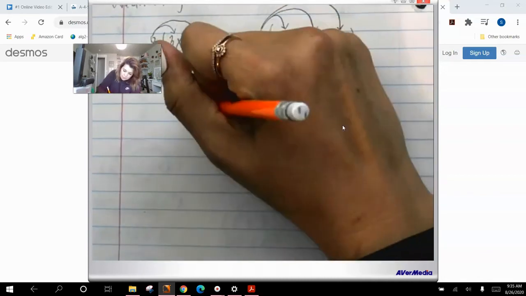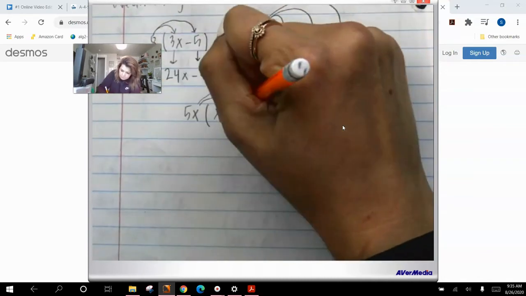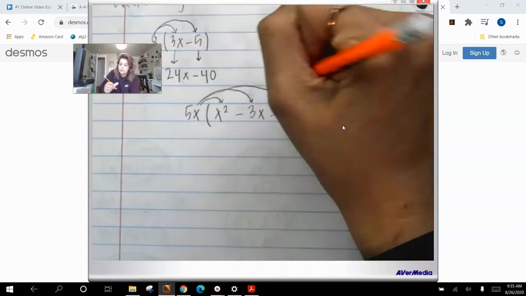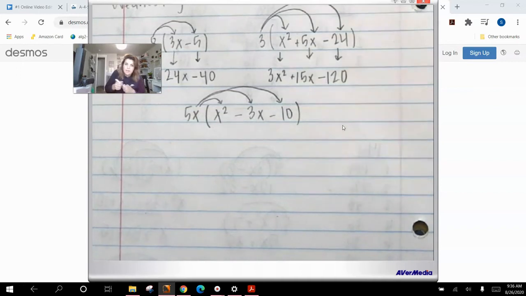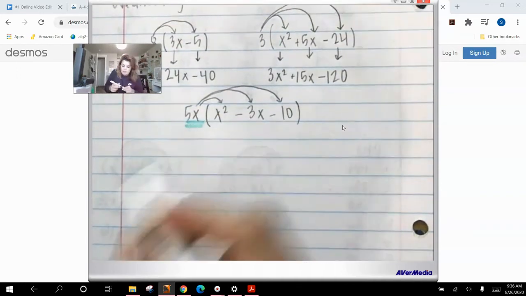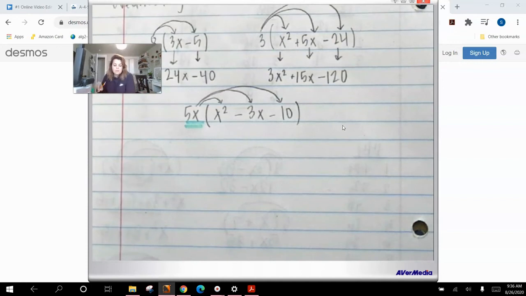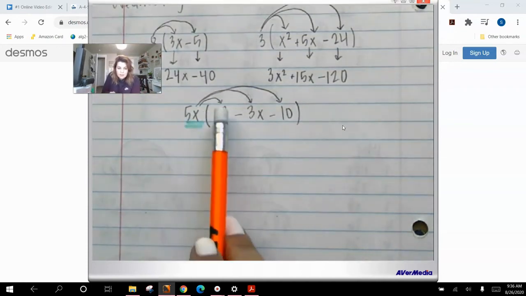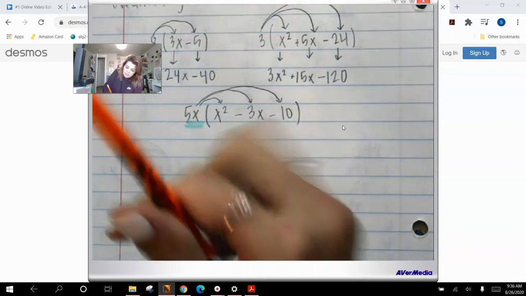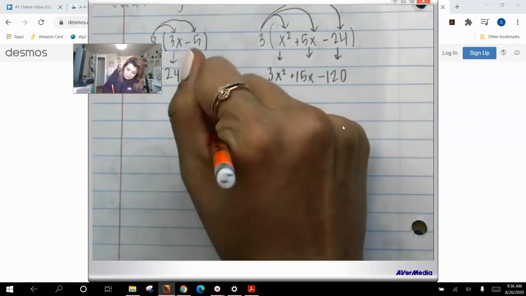So once again, we multiply this 5x into each term. But the thing that's different this time is that we have an x that we're multiplying in. So just to briefly review this, there's no number. So 5 times no number on the front is just going to stay as 5.